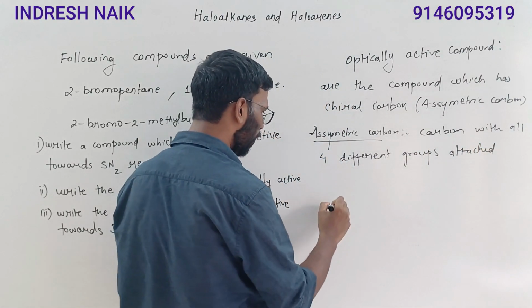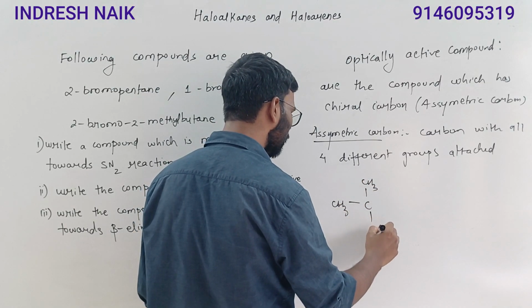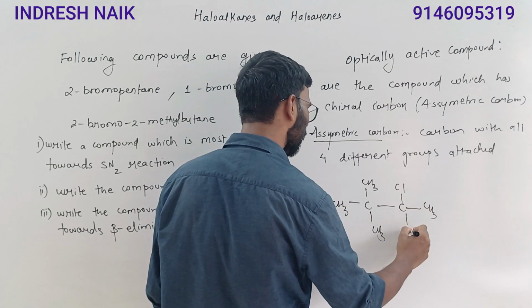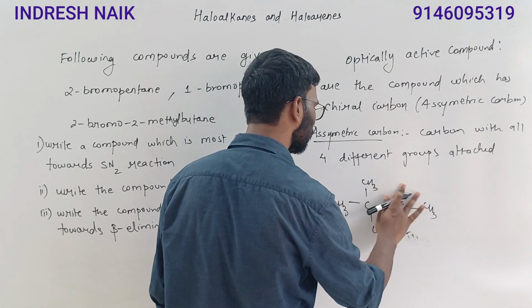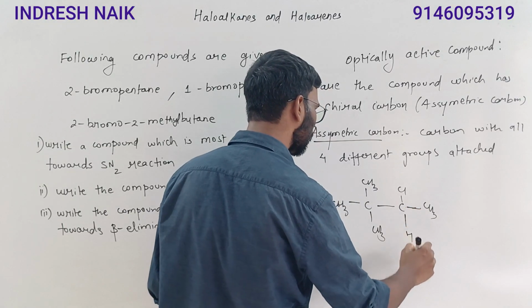For example, if I write CH3, CH3, CH3, chlorine, CH3 and OH, Cl, and let's say this is the hydrogen.